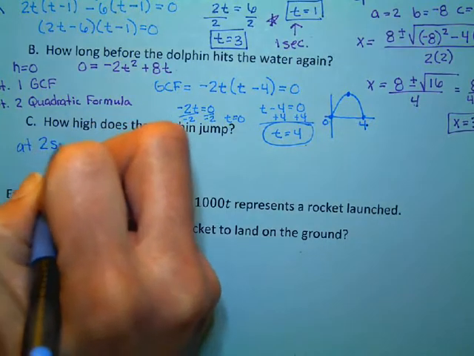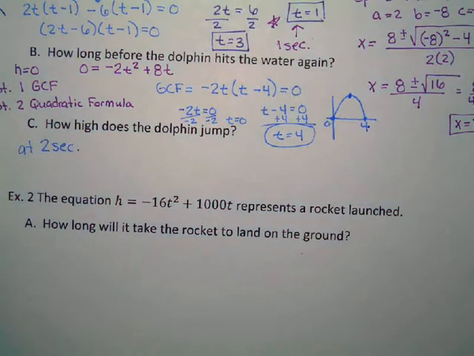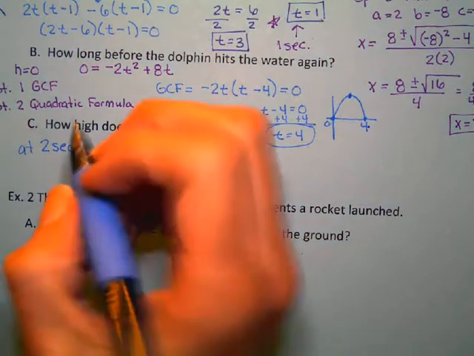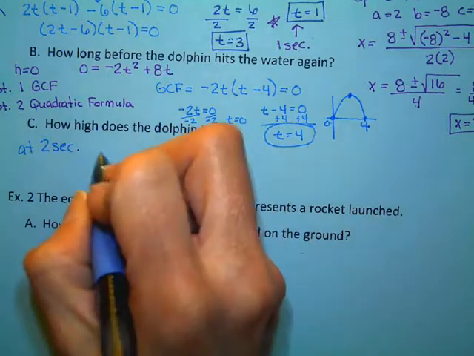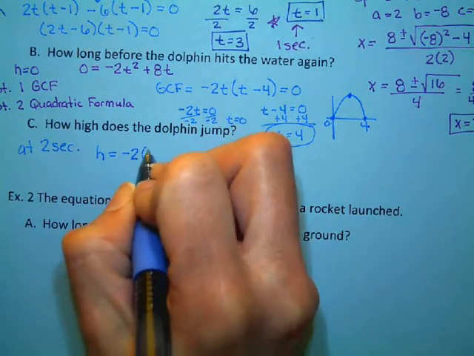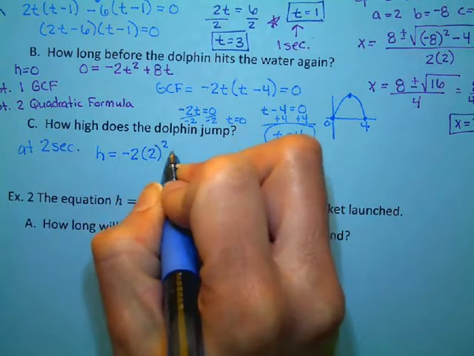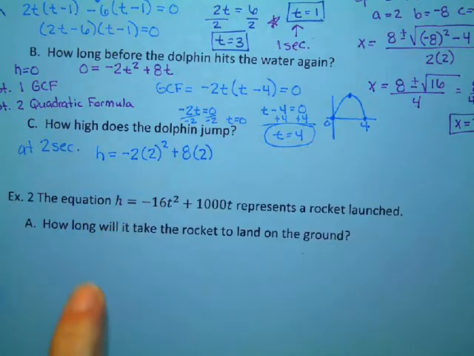And remember, t stands for time in this situation. So if you put how high did you jump, we're going to say h equals negative 2 times 2 squared plus 8 times 2. The 2's in this situation that we're plugging in represents 2 seconds.